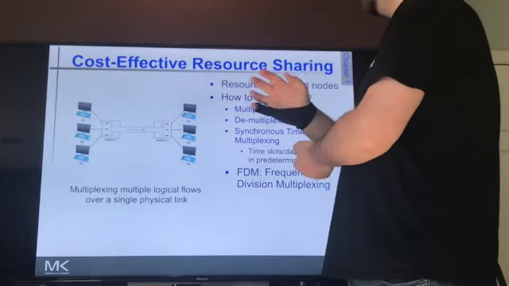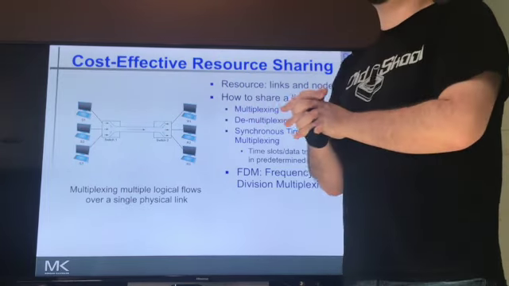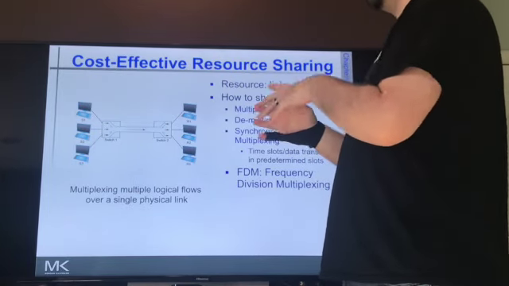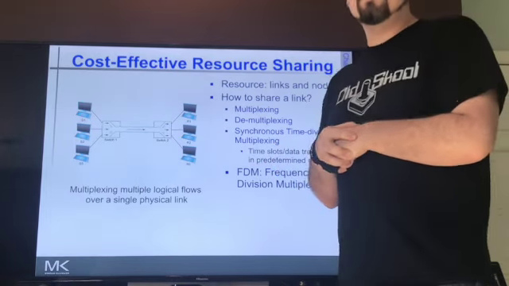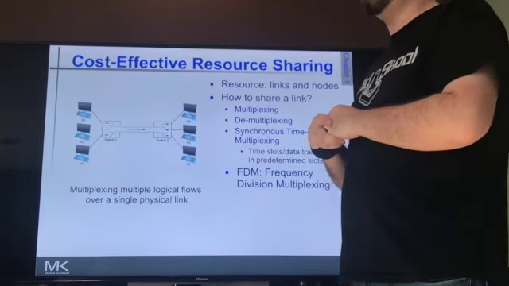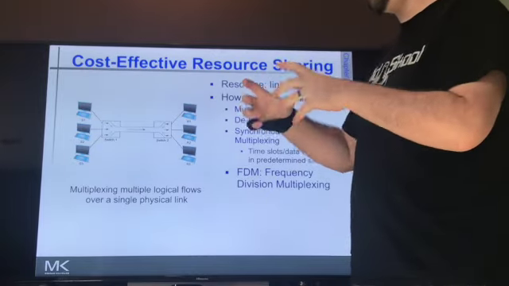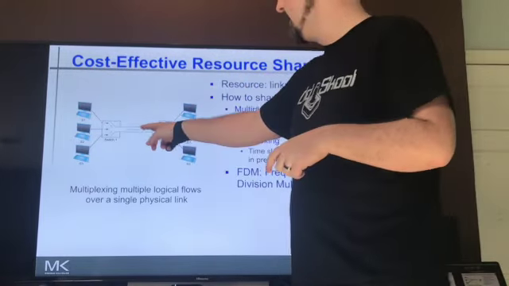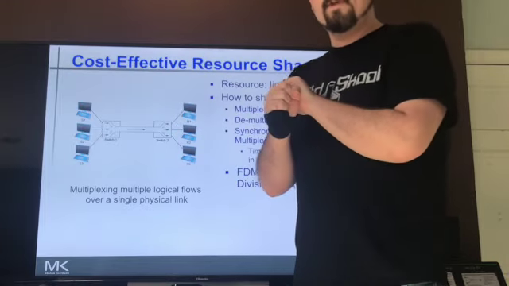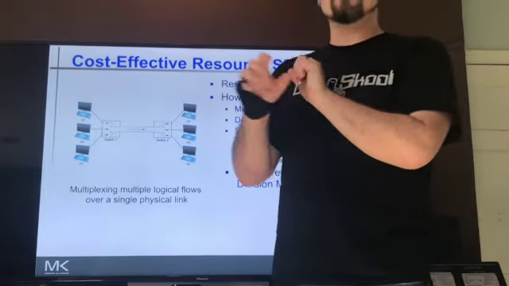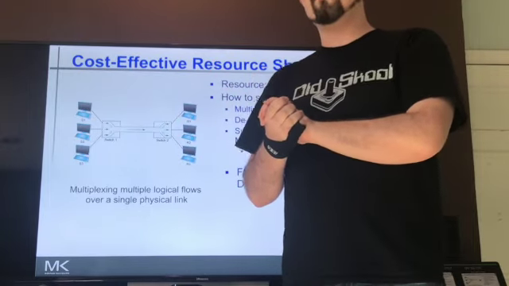And then another way that we can break up this link is called frequency division multiplexing. Whenever you have a link, this link has, and we're going to use the term bandwidth here, but we're going to use it differently than the number of bits that you can put on the wire.